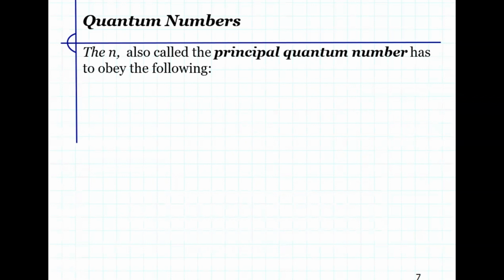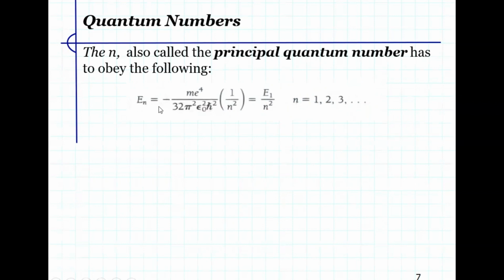The first quantum number is n. N is called the principal quantum number, and it obeys the following. It is basically discretization of the energy, E sub n. It is dependent on n as 1 over n square, and the rest of the term is a constant, with a minus sign.